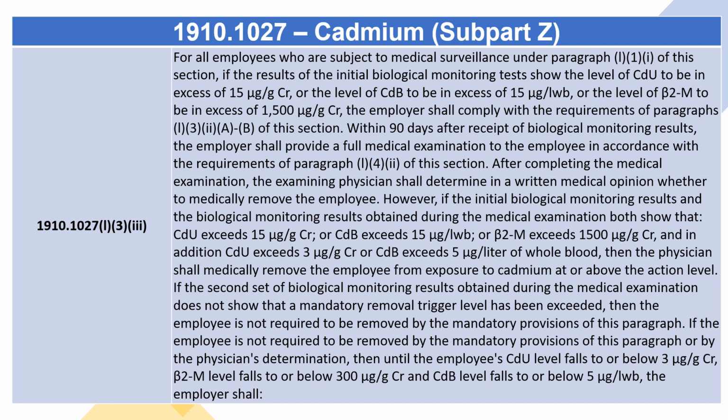If the second set of biological monitoring results obtained during the medical examination does not show that a mandatory removal trigger level has been exceeded, then the employee is not required to be removed by the mandatory provisions of this paragraph.